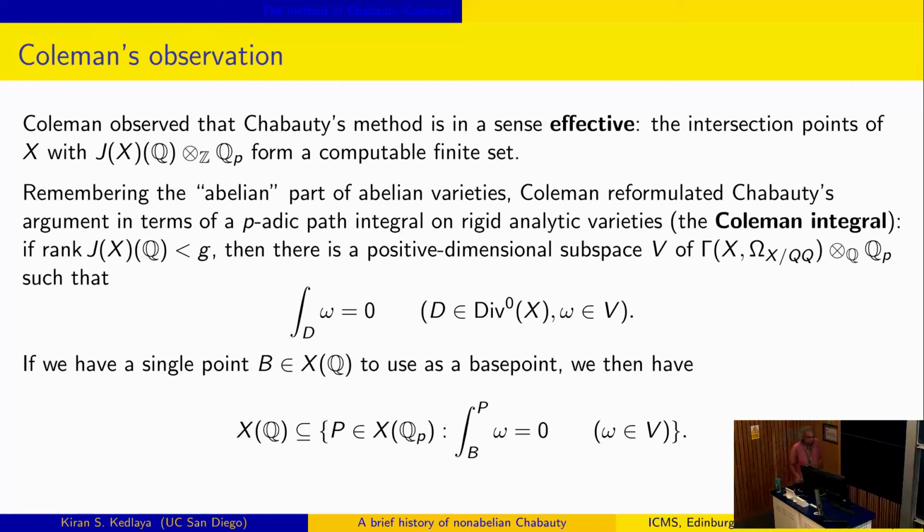I'm implicitly using the fact that holomorphic differentials on the curve are the same as holomorphic differentials on the Jacobian. When you restrict to the curve, each non-zero differential is going to give you a vanishing only at a finite set. So as soon as you have a single non-zero differential in the space, that gives you a finite p-adic bound.